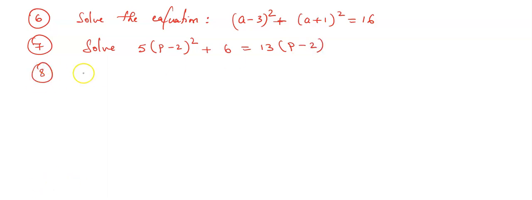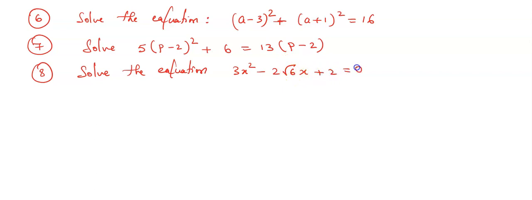Next, 8. Solve the quadratic equation 3x square minus 2 root 6 x plus 2 equals 0. Only for 6 there is a root, x is outside.